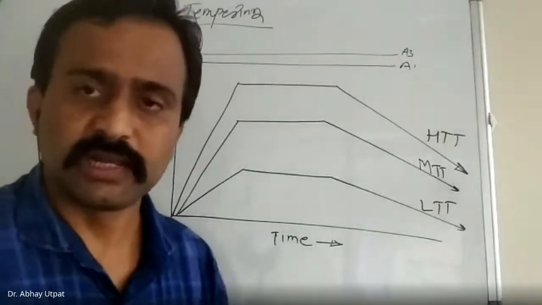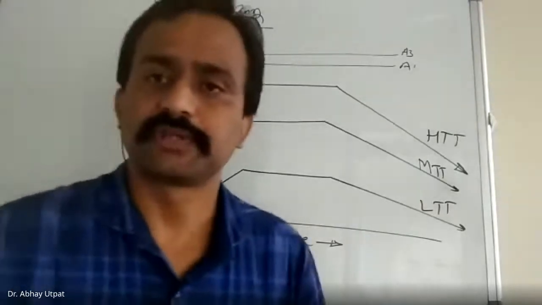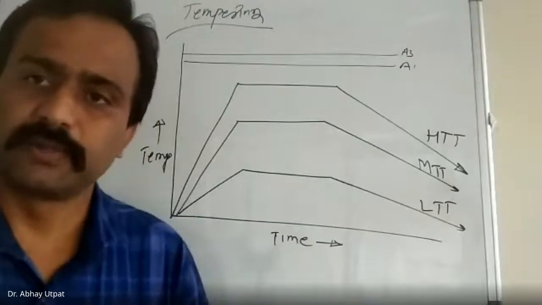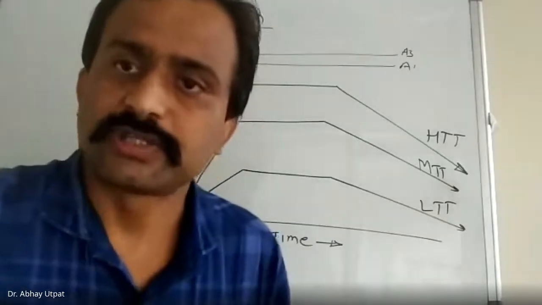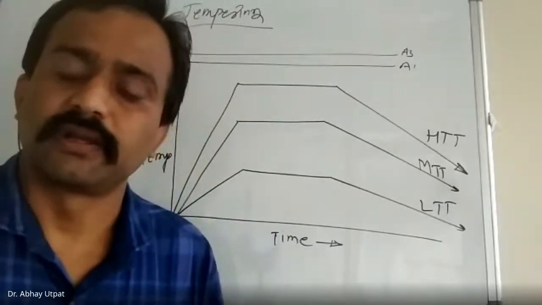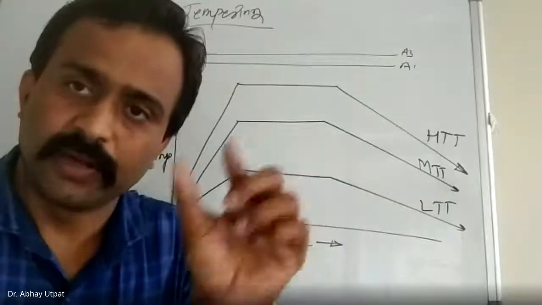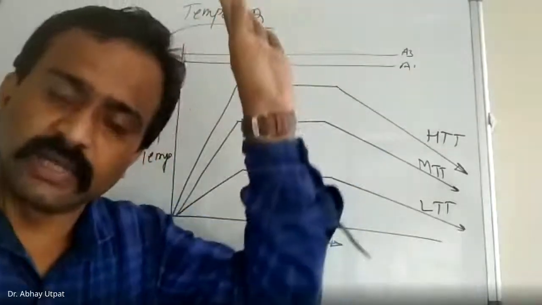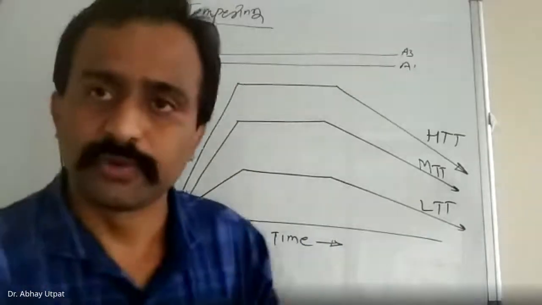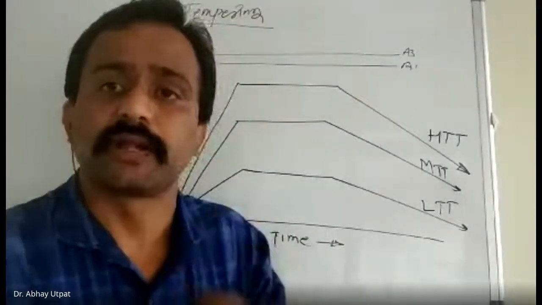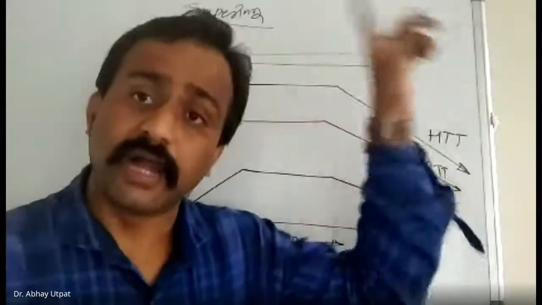In the last class, we studied types of hardening: conventional hardening, quenching in stages, austempering, and martempering. Even though the word tempering is there in austempering and martempering, these are types of hardening. Don't get confused by those words.